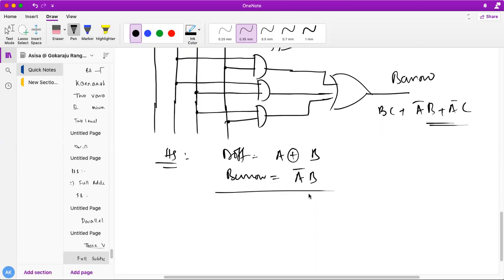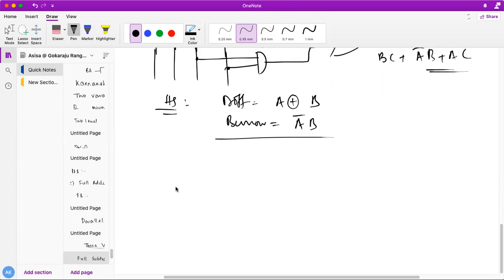So see here what I am doing, it's very simple. I have just taken one half subtractor here. How is it? I have just taken A XOR B, and I have taken this B and A bar.